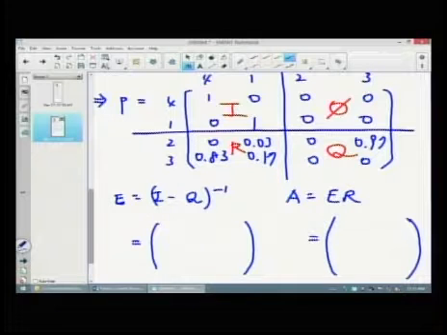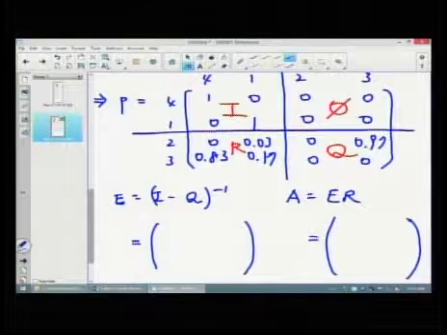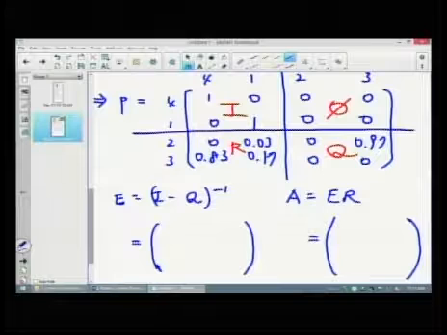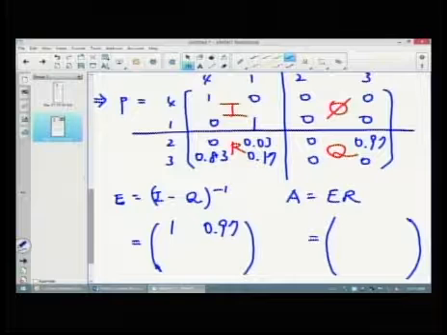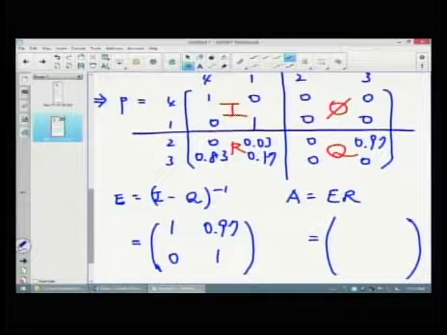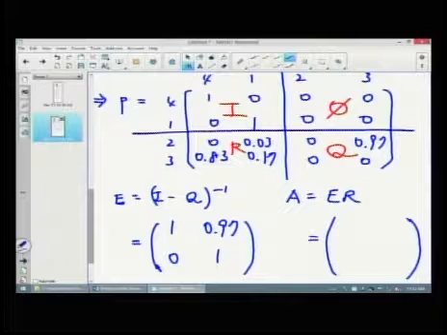This one, E matrix. 1? 0.97? 0? 1? Okay. Then did you get this as well? Okay, thank you.